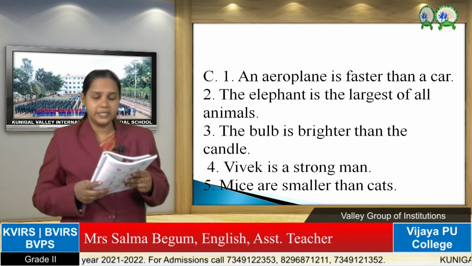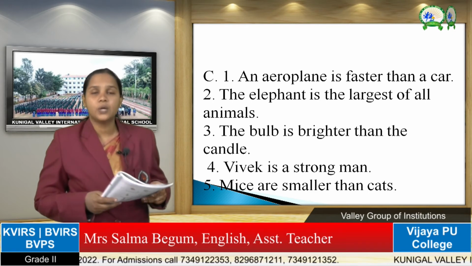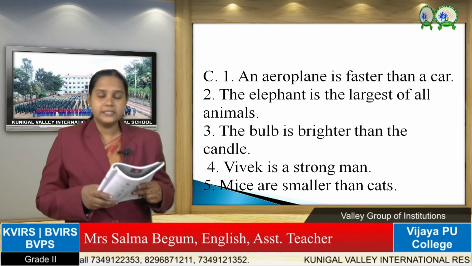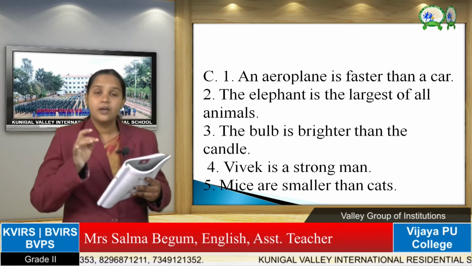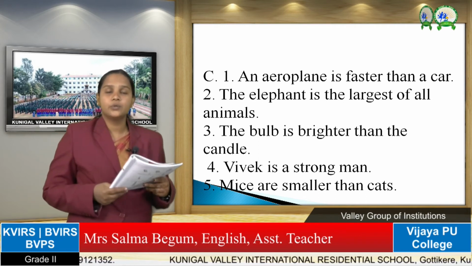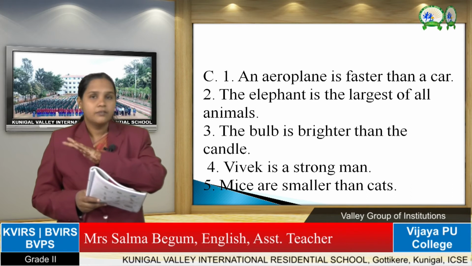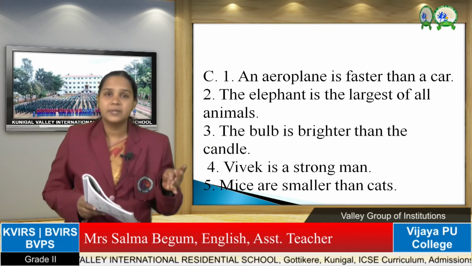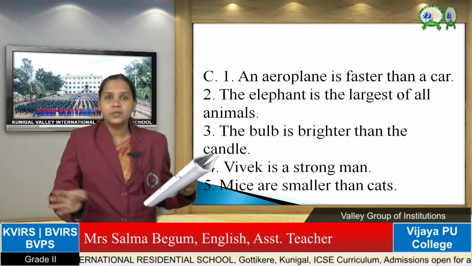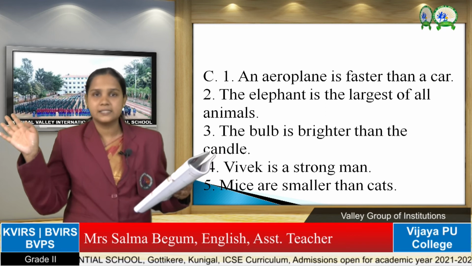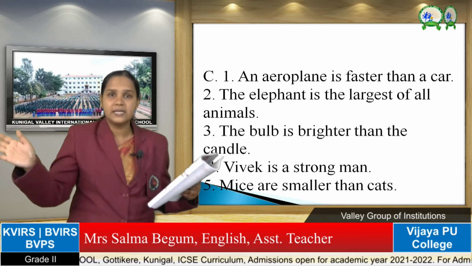Here the images are being given and the options are given where you have to select the correct option. An aeroplane is fast, faster, fastest than a car. So what you are going to consider? The aeroplane is the fastest means of transport. See, a train is there, bus is there. When you go in a car, the bus which is moving beside you will go faster than you.